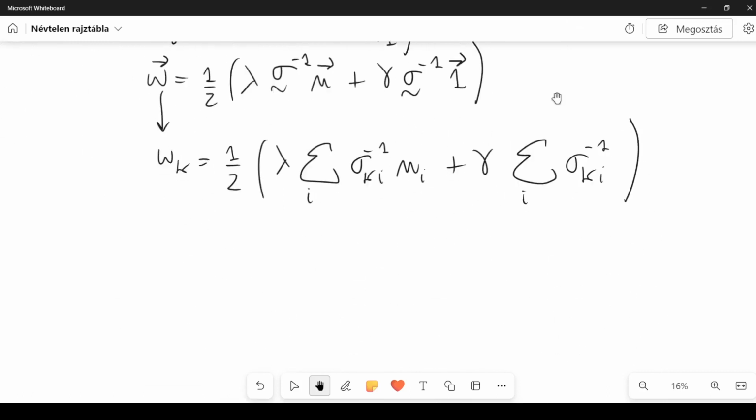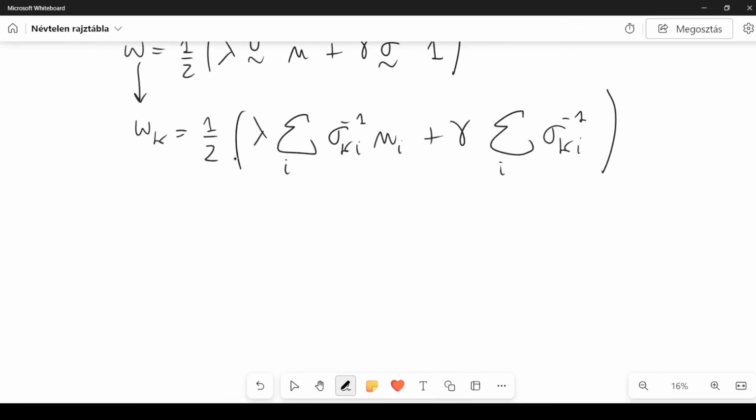Just for the sake of completion, let me write down the formulas for lambda and for gamma. In particular, let me remind you that we have one formula like this: the sum over i of omega i equal to 1. So we can substitute this with the index i replacing k, and we obtain the following. We can write 1 equal to lambda over 2 summation over i and over k, because now I'm using the formula summation over k of omega k.